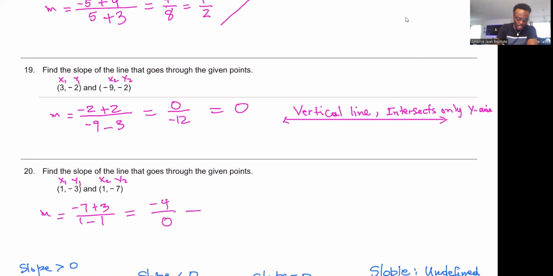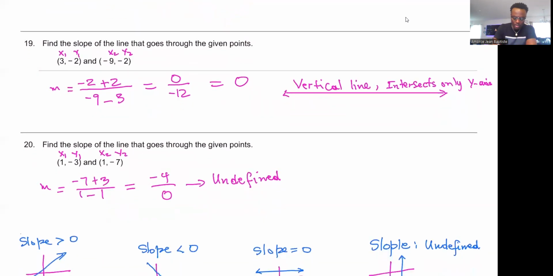That's a slope that is undefined. A slope that is undefined gives me a vertical line. Vertical line for undefined slope. Oh, over here was the horizontal line, sorry.